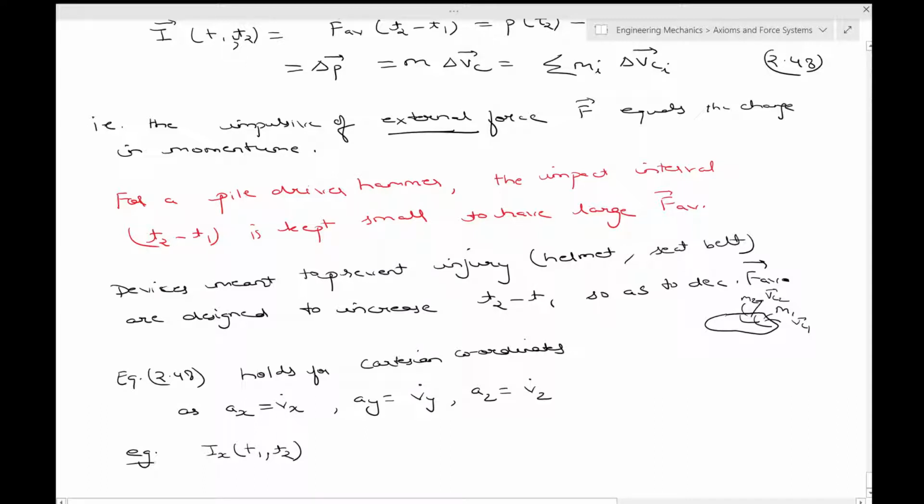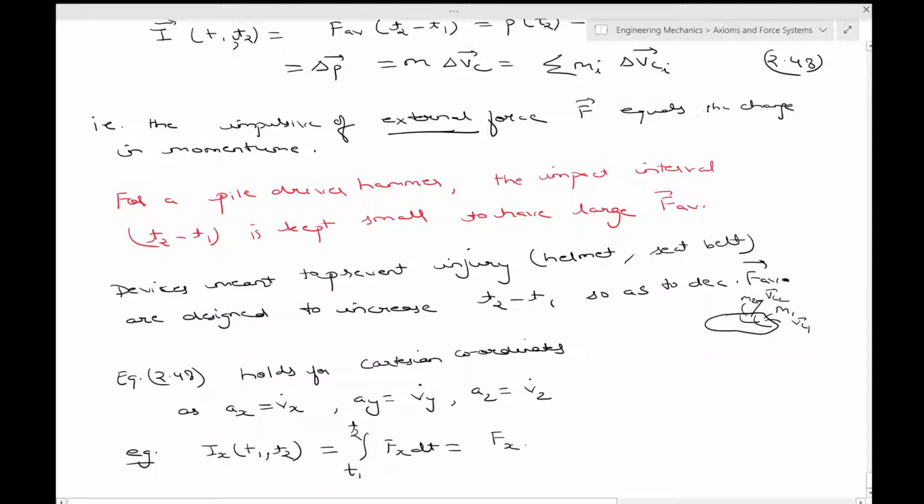So along the x direction, since impulse is a vector, it will have these individual components, and hence I don't have a vector sign, because this is clearly a scalar quantity. It goes from t1 to t2, and then you have Fx dt.